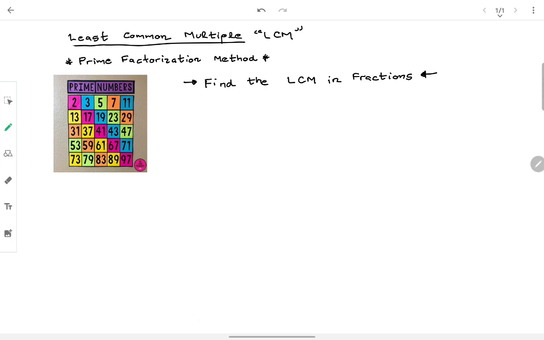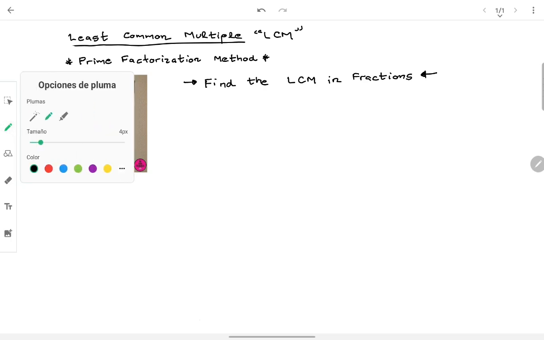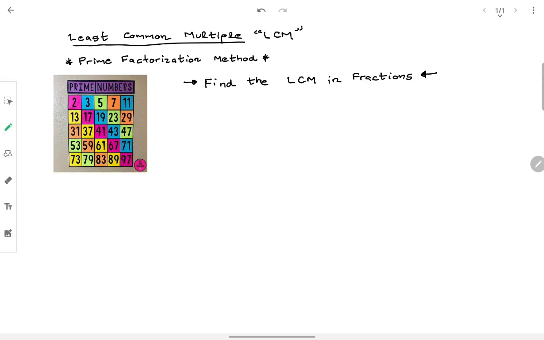Least common multiple is also very important in fractions because it will help us in the future to add or subtract fractions. So we will need to review today how to find the least common multiple in fractions. It is important that least common multiple in fractions is only on denominator.